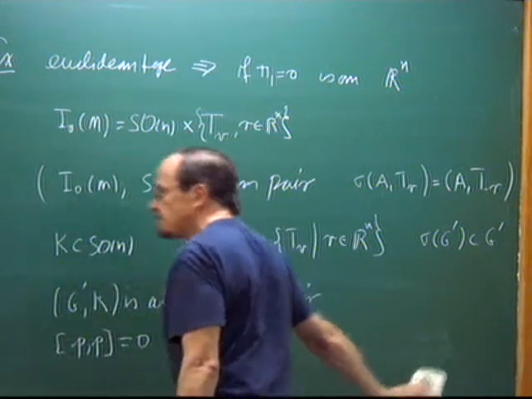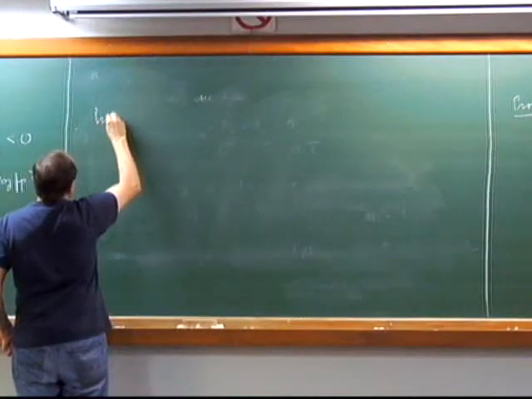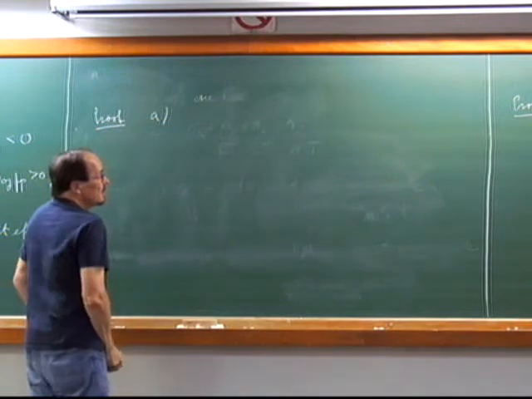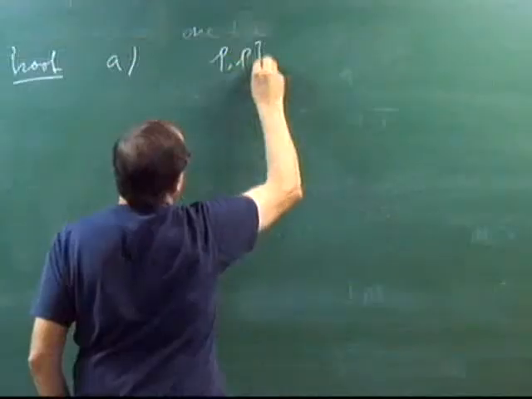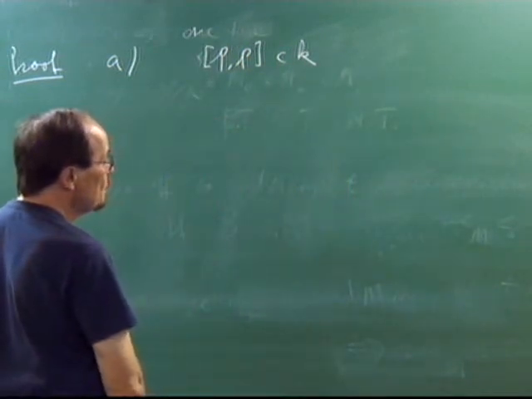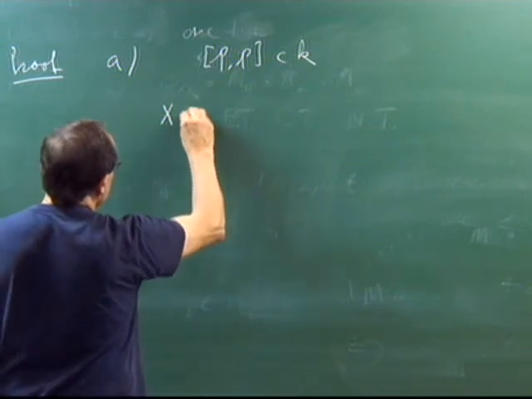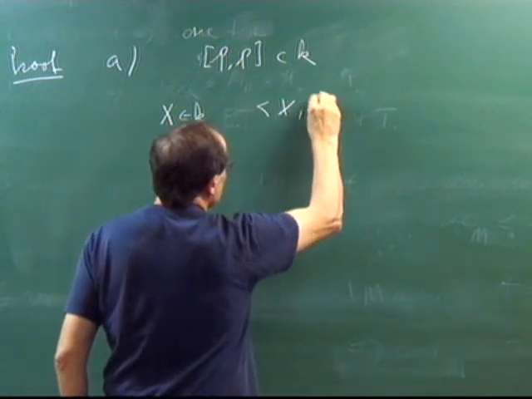Okay, let's prove that. As we said, [P, P] is contained in K. So let's take a vector x in K such that x is orthogonal to all the brackets [P, P].